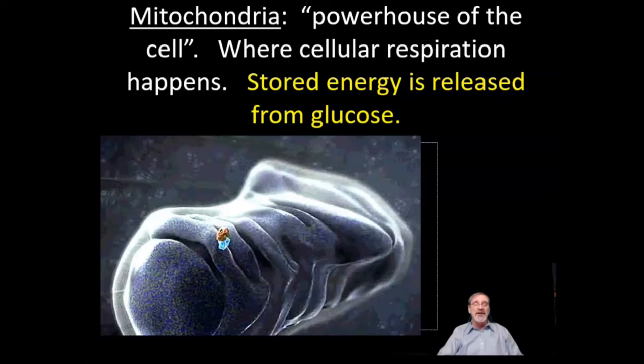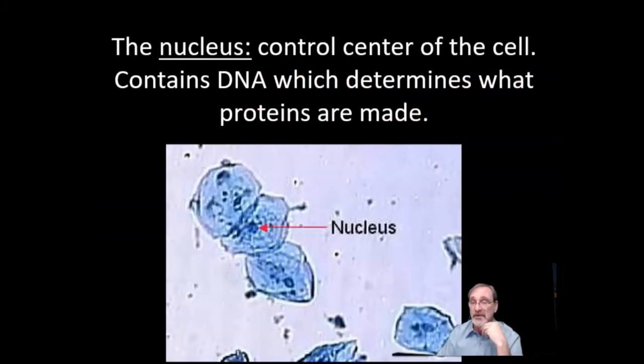Now, the next one is the one that we're going to concentrate the most on when we get to it, after we get the overview: the nucleus. Now, the nucleus is the sort of center, little dot in there. It's the control center of the cell. And how it controls the cell is because it has the DNA, which determines which proteins are made.